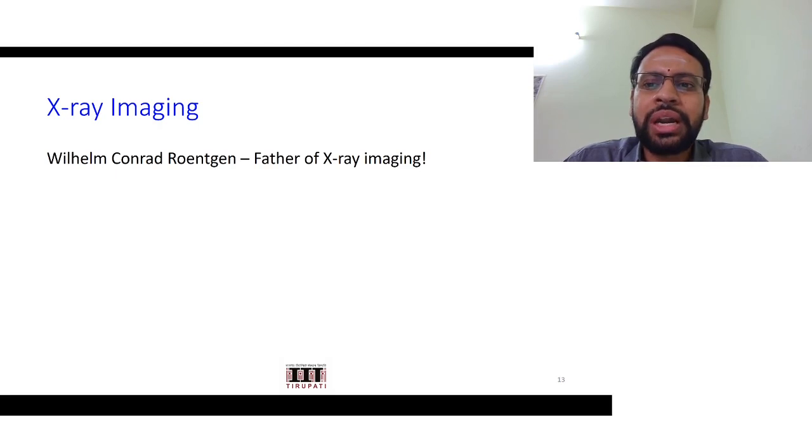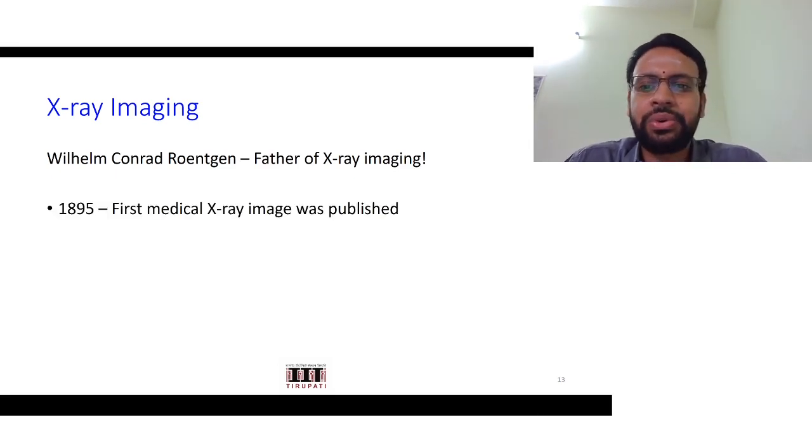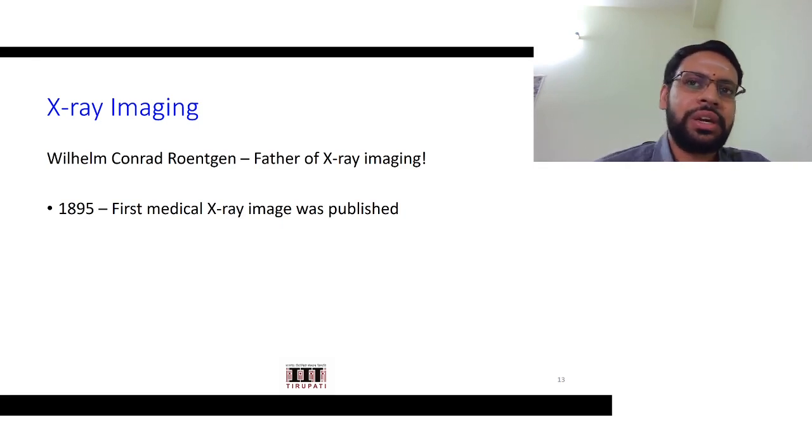I'm sure you all know from your +2 that Wilhelm Röntgen is considered the father of X-ray imaging. He accidentally found in 1895, while experimenting with these X-rays, that these rays would pass inside the body, and that's why you could see through the body.